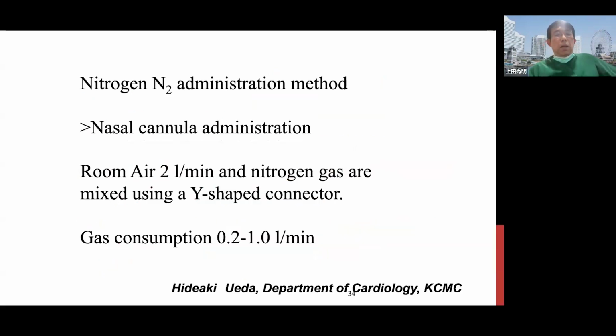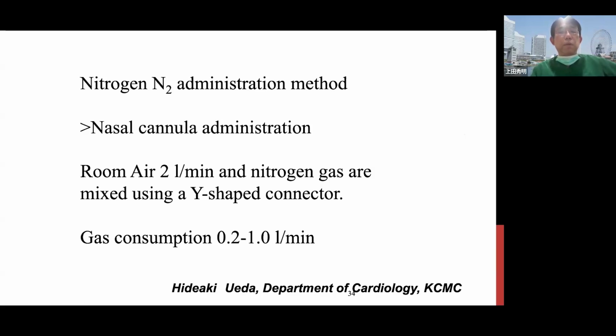In our institutions and countries, there is a very good thing to use. I would like to recommend nitrogen gas, because just a small amount of nitrogen gas makes it very easy to control a high QpQS.